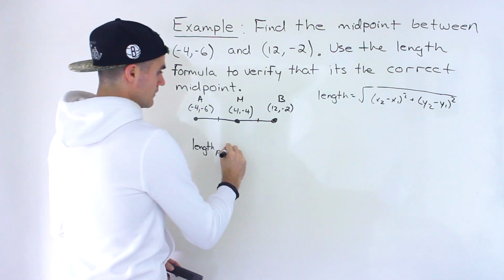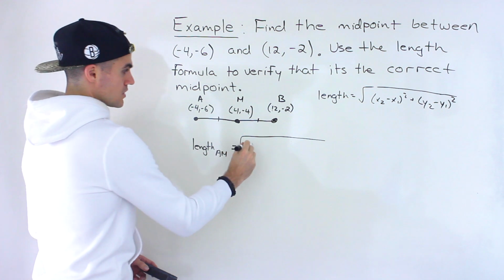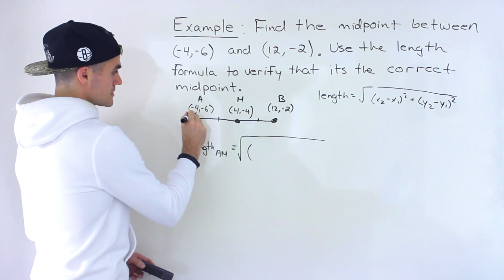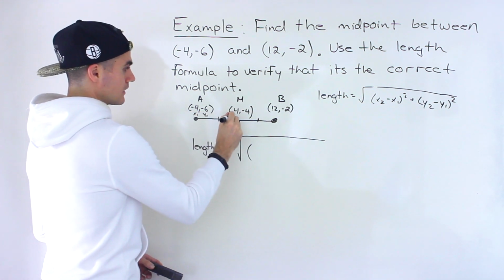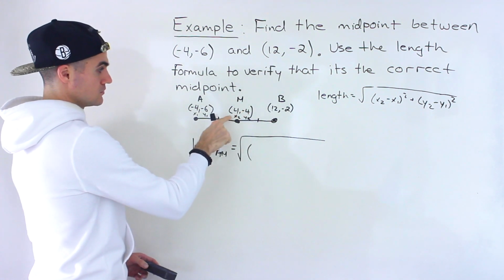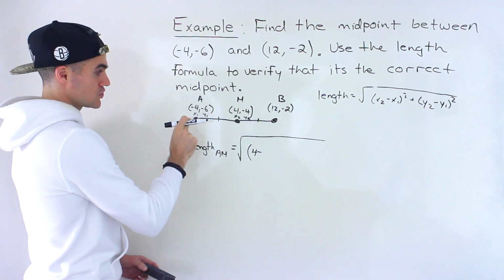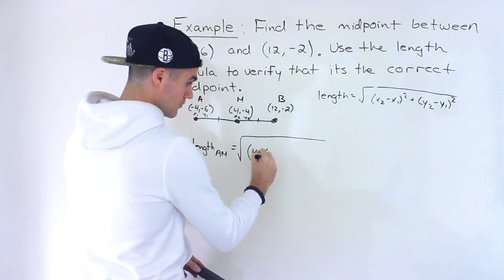So the length of AM would be the square root. Let's let this be x1, y1. We'll let this be x2, y2. So we'll have x2, 4, minus x1, which is -4. So make sure you put that in brackets there.